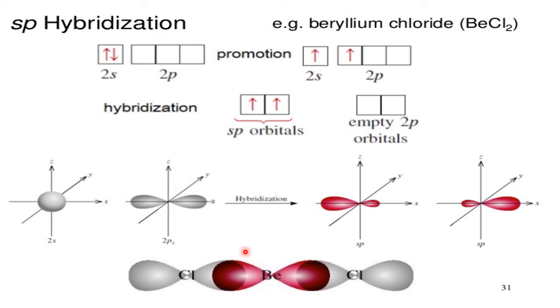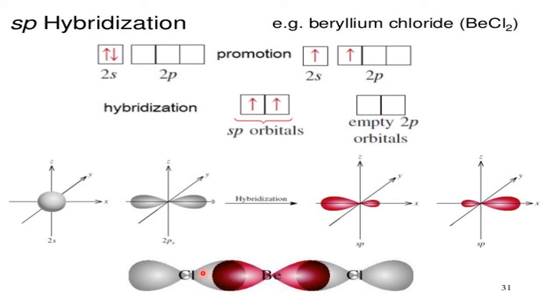Now on this side, one electron of beryllium and here one electron of beryllium are available. Now chlorine will bring its electron. So the electron of chlorine and the electron of beryllium will go for bonding here, and on this side one more electron of beryllium and one more chlorine atom brings its electron, and here is the bonding. Why has it come this side?